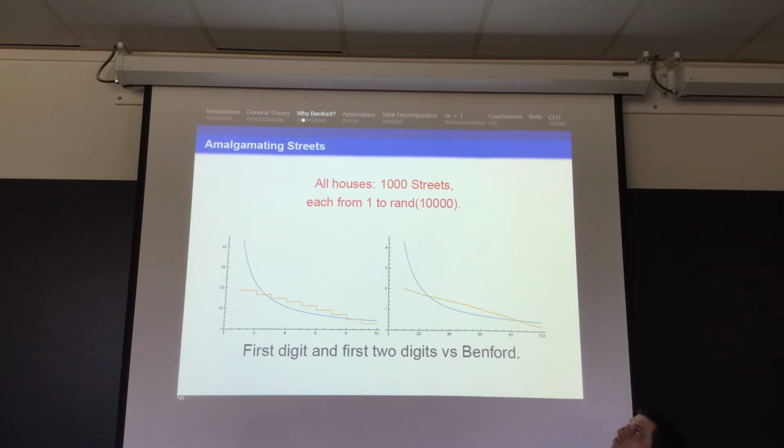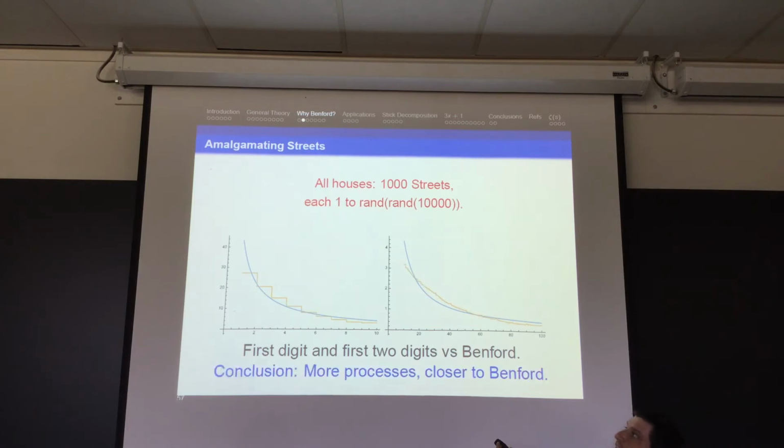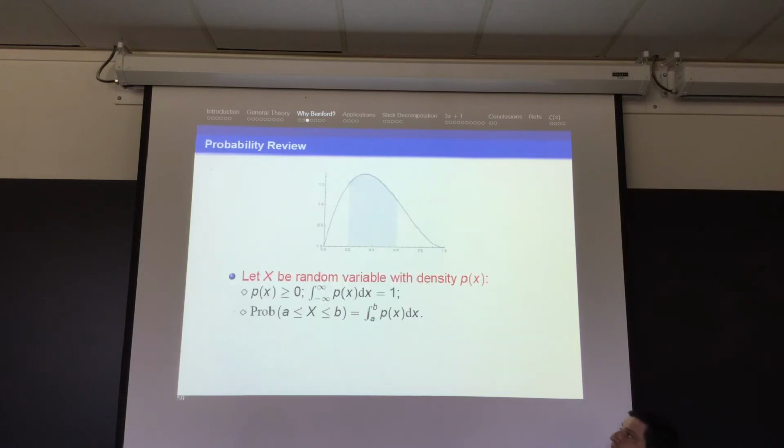I'm going to choose randomly a number from 1 to 10,000, and that will be the length of my street. And then I'll take all the houses, and then I'll choose another number randomly, and I'll take all those houses. And if you look at that now, it's not Benford, but it's closer. If I do it again, random, random, it's closer. If I do it again, random, random, random, it's really close. And so the more processes you have going on, typically the more Benford something becomes.